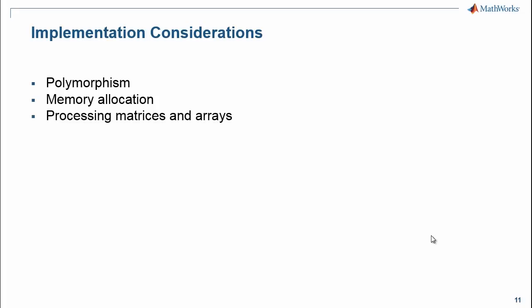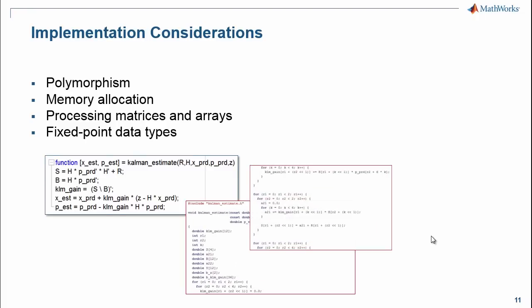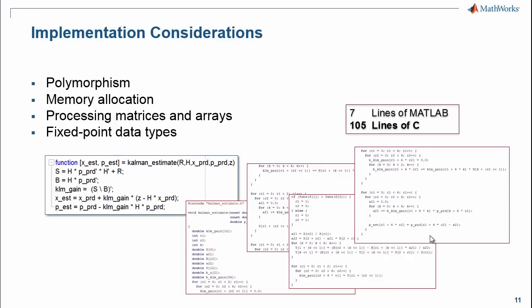MATLAB uses compact, optimized single-line expressions, whereas C code uses for loops. There's also a difference between zero-based indexing in C and one-based indexing in MATLAB. And finally, you have to specify the data types of your input and output arguments, as well as the internal variables. The effect of all these implementation considerations is that 7 lines of MATLAB code for, say, a Kalman filter can turn into 107 lines of C code, depending on your implementation constraints.